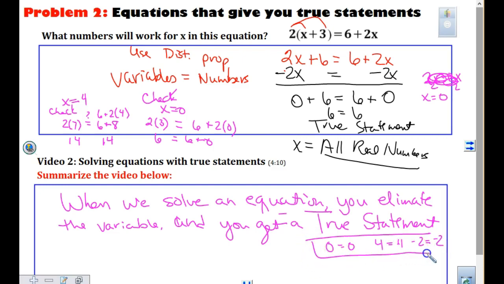All of those are true statements, right? If you get that, then what we are going to say is that x is equal to all real numbers. Any value that you choose is going to make it true.